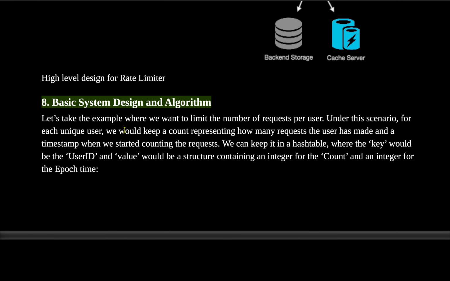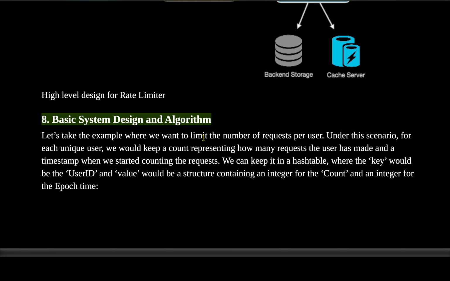So let's take the example where we want to limit the number of requests per user. Under this scenario, for each unique user, we would keep a count representing how many requests the user has made and a timestamp when we started counting the requests.